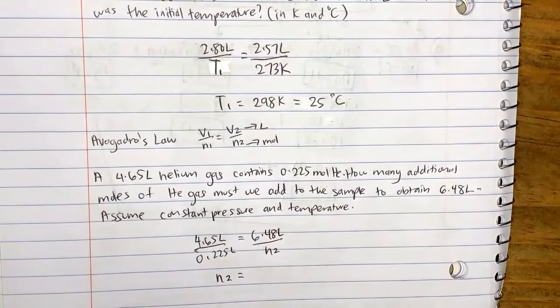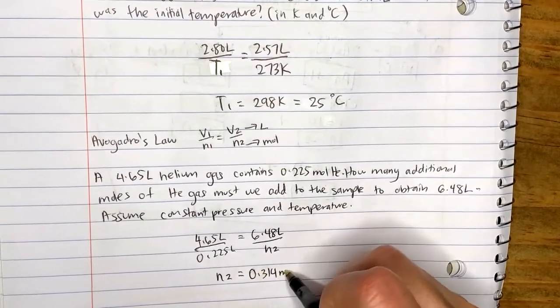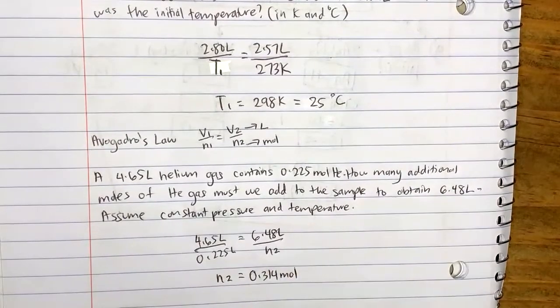When you work on a calculator, you get 0.314 moles. So to do that, you have to take 6.48 times 0.225, and then you gotta divide by 4.65, okay? And then you can get the answer that way. So hopefully everyone's aware of how to do this.